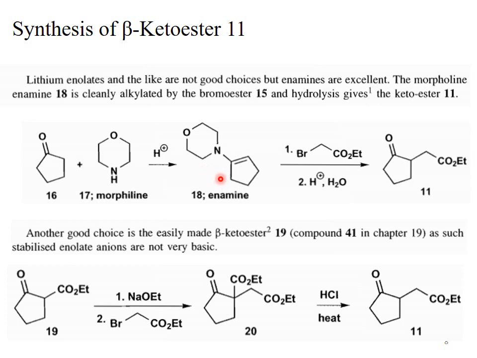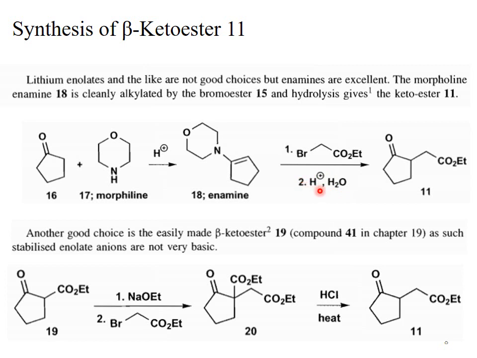Why did we convert the cyclopentanone into enamine? Because when morpholine is treated with cyclopentanone, the produced enamine works on the principle of enolate, and this enamine is less basic and more nucleophilic.